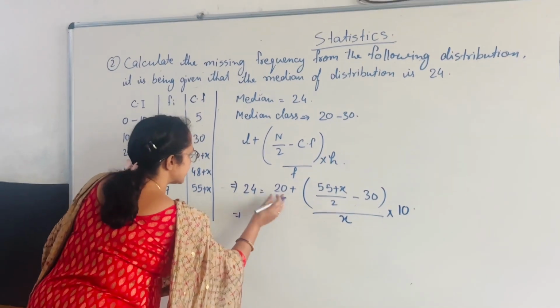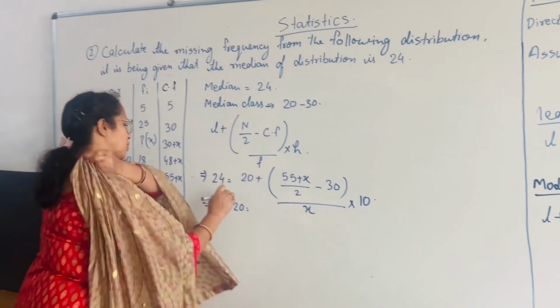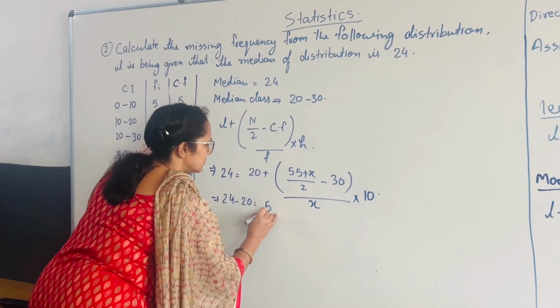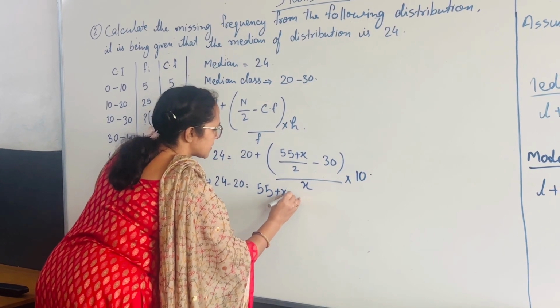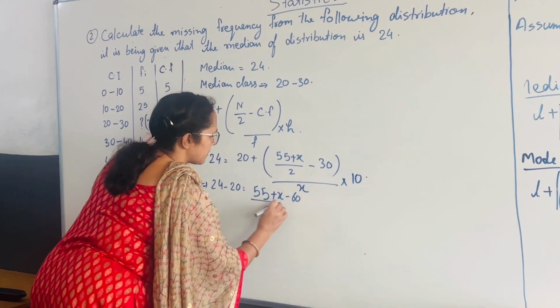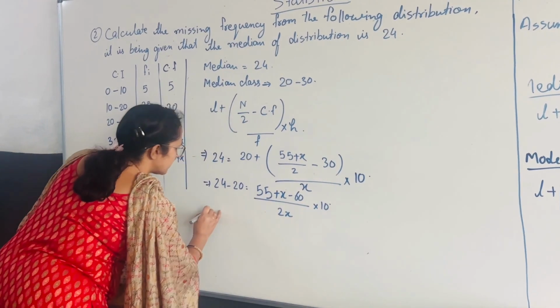Now I can take it this side. So 24 minus 20 is equal to 55 plus X minus 60 by 2X into 10.